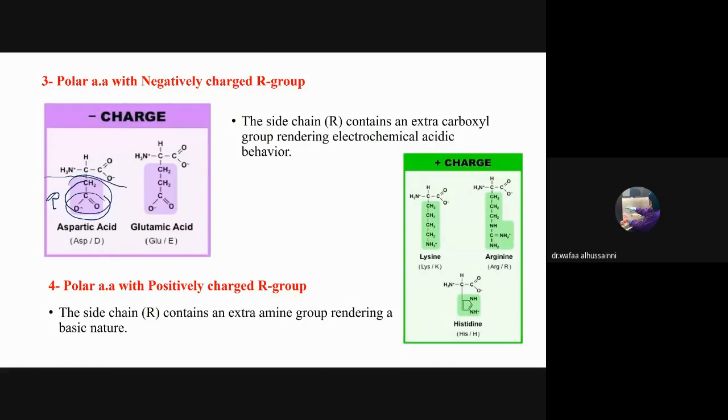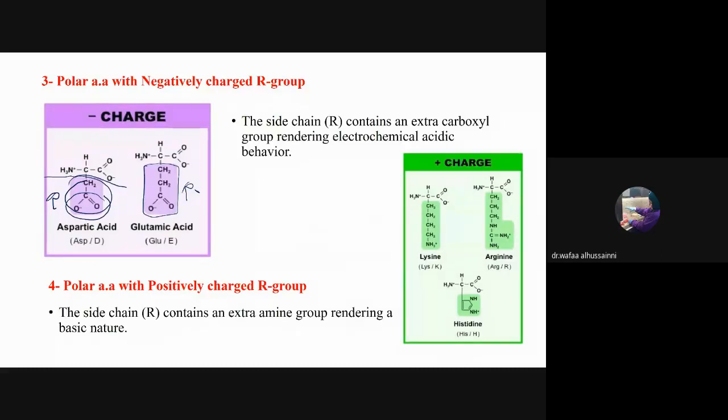This carboxyl group is charged, a negatively charged R group. Same here. This is the R, and it is negatively charged. This is a polar amino acid with a negatively charged R group.